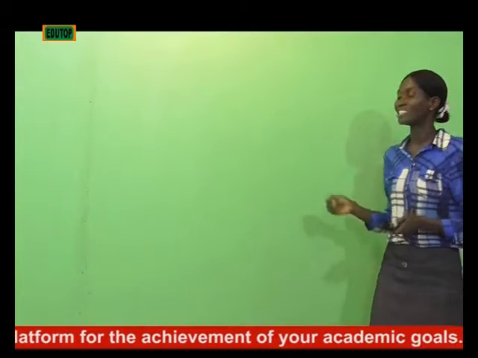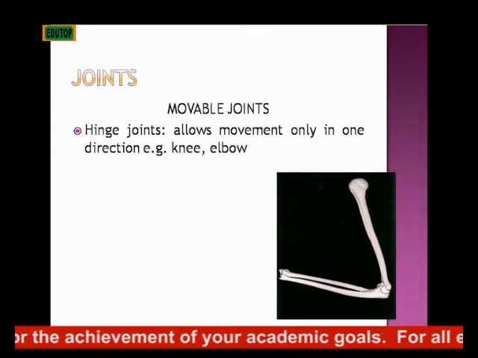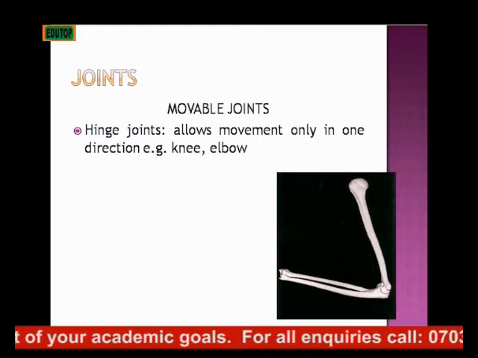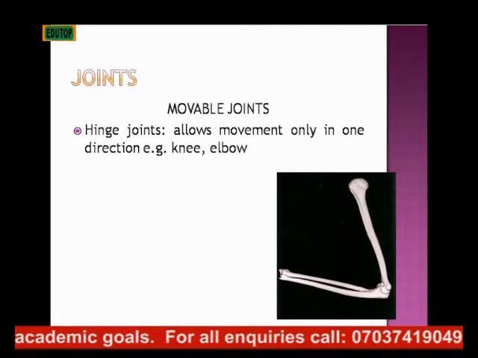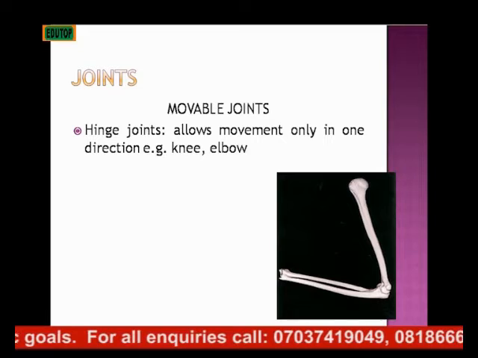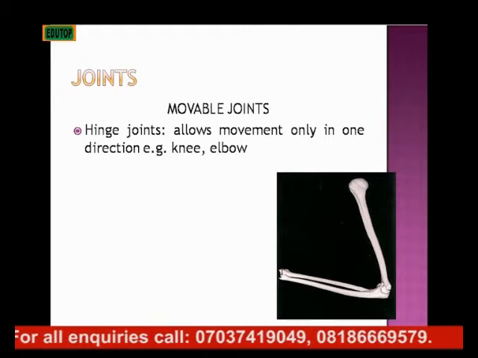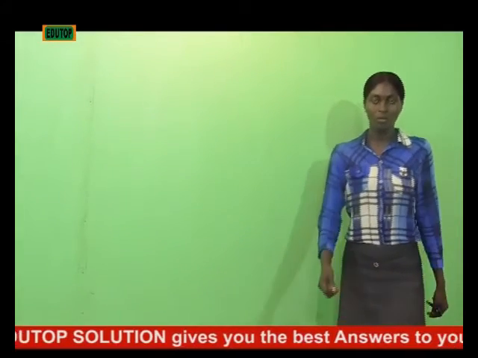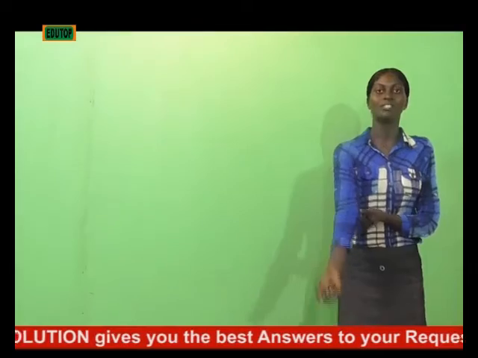The next kind of joint is the hinge joint. The hinge joint is a type of joint that allows for movement in only one direction, unlike the ball and socket that moves in all directions. We have it in the knee and in the elbow. Look, this is the elbow, moving in this direction.